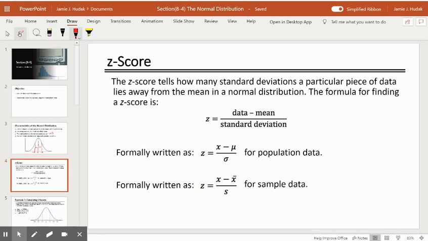So the z-score tells us how many standard deviations a particular piece of data lies from the mean in a normal distribution. And the formula for calculating the z-score is data minus mean in the numerator and standard deviation in the denominator.